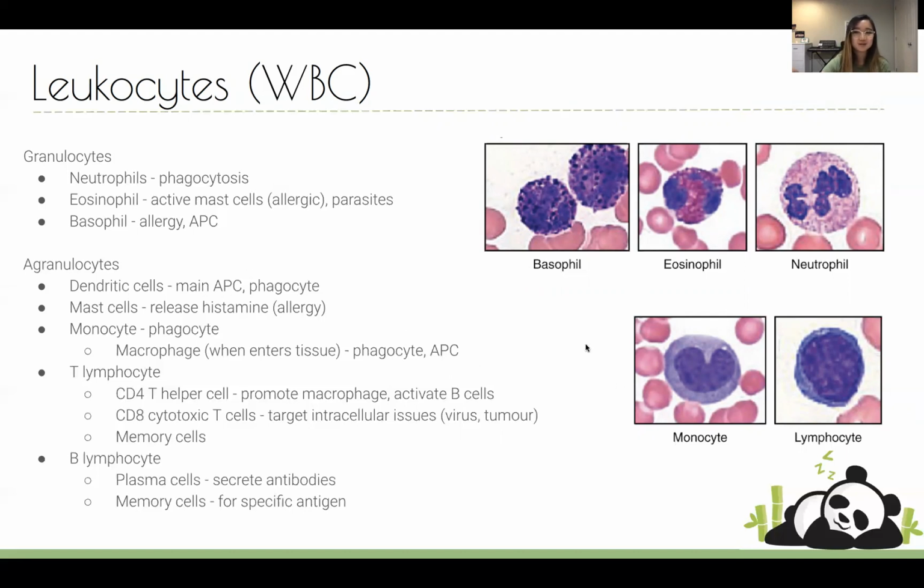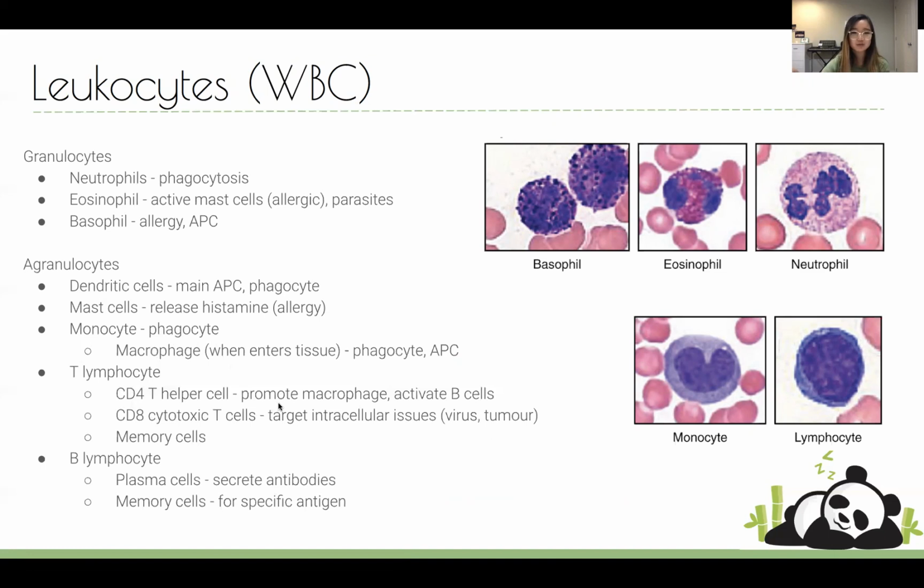Agranulocytes look a little different because they don't have granules. You have dendritic cells, which are your main antigen-presenting cell and also a phagocyte, and that's how they present the antigen. You have mast cells, which release histamine, and that's why you take antihistamines for allergies. You have monocytes, which also phagocytose things. When they enter tissue, they become a macrophage. Then you have T lymphocytes, which can be CD4, CD8, or memory.